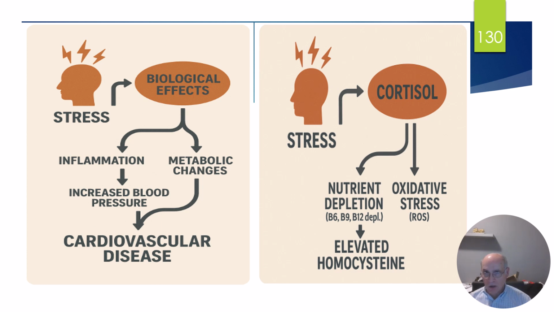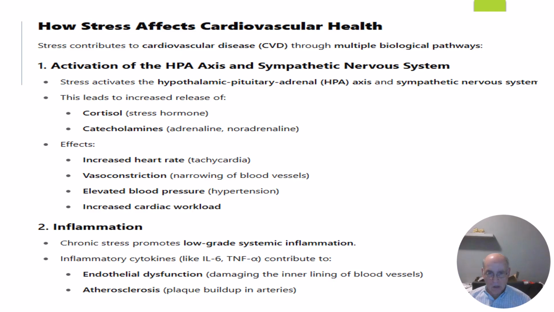So methylation helps to convert methionine from homocysteine. So if you're missing any of those B vitamins, B6, B12, and B9, folate, you're going to have a problem with methylation and ultimately have high levels of homocysteine.